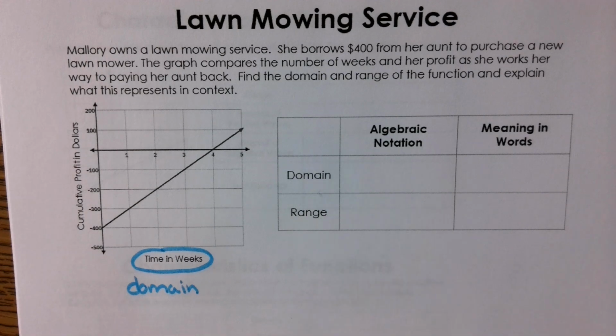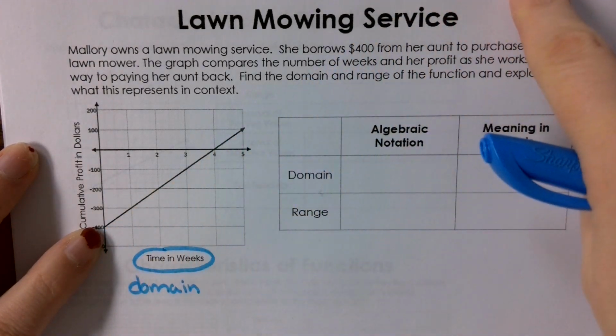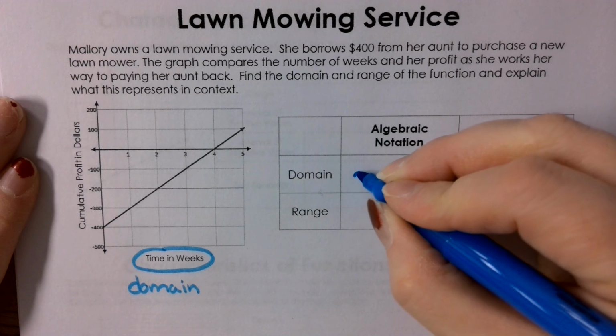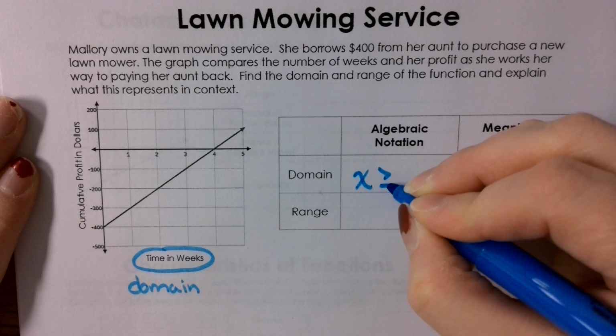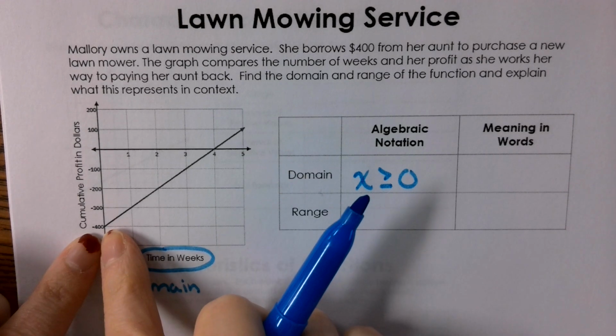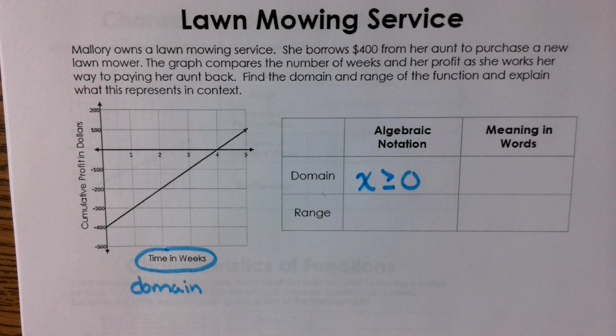So like what we were doing before where we had a compound inequality, this we don't, because we're starting at 0 weeks and then we are continuing indefinitely, okay? So that's why we can put down that x is going to be greater than or equal to 0. Because starting at 0 weeks, we are owing $400, and then every single week after that, we are earning money to pay back our debt until we get to a point where we are earning money for ourselves.